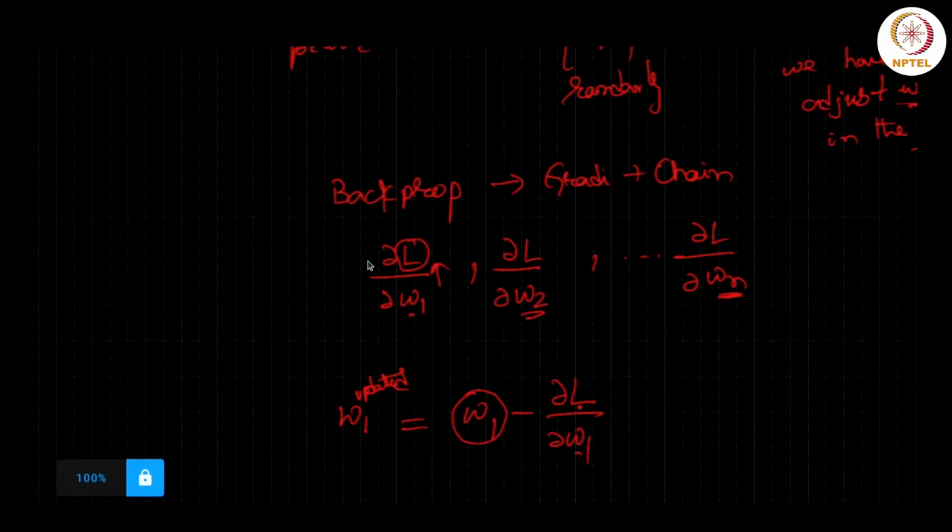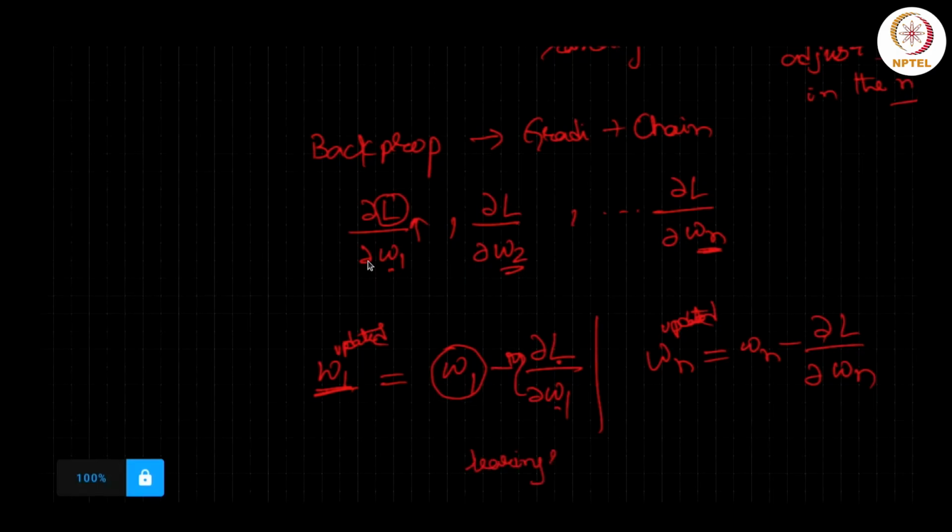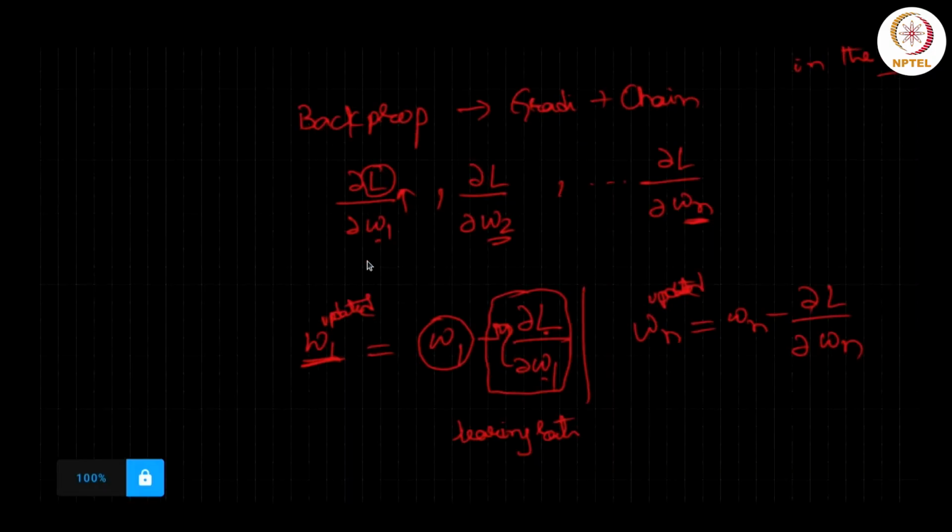So this would be my updated weight, and the same would be the case for any weight in your network: Wn minus dou L by dou W1. Typically, you also add something called eta. Eta is called the learning rate, where you are adding some weighing factor to this loss.